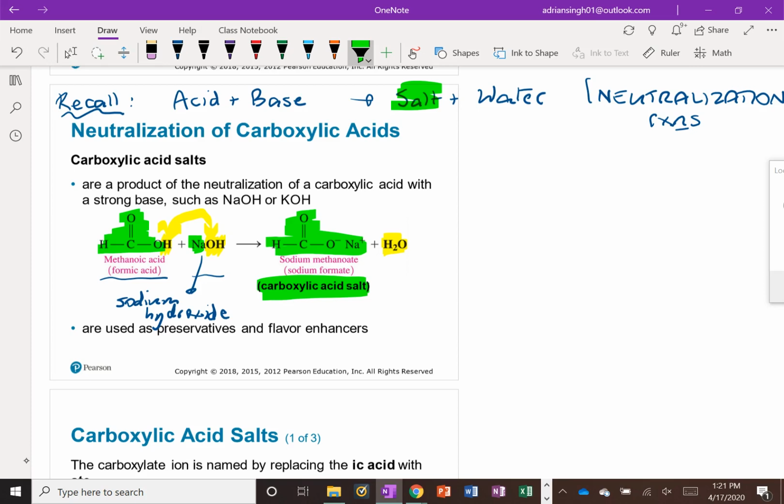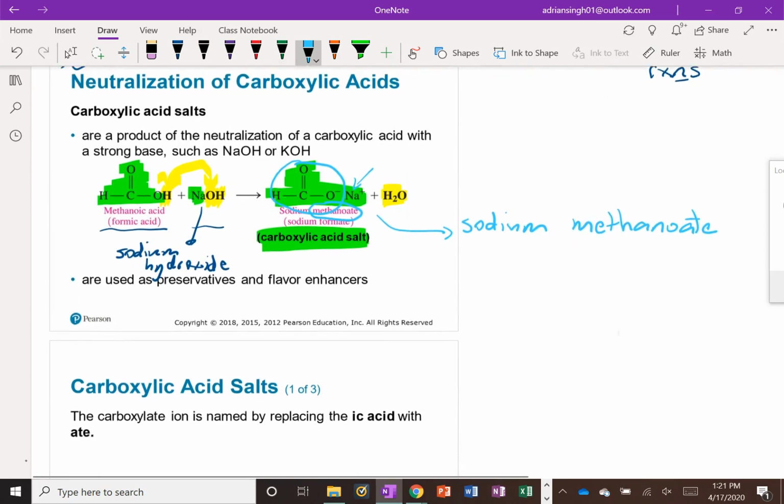So in this case, we would call it sodium, because that's our positive ion, and then the negative ion here would be the carboxylate ion, which in this case is methanoate. So our product here, as you would name any ionic compound, would be sodium cation first, and the anion methanoate second.